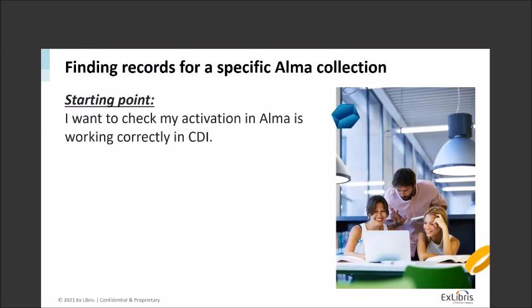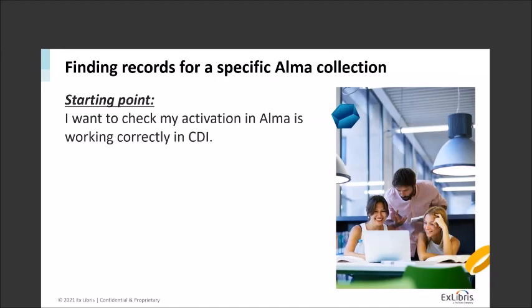So the first question I'll handle is, I have an activation in Alma. I now want to check that it's working correctly in CDI by finding records for this collection. Before I start, I just want to mention that it takes some time before the activation that you do in Alma actually kicks in and becomes searchable in CDI.